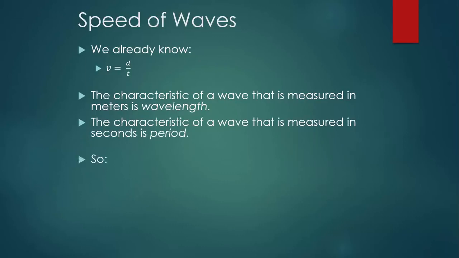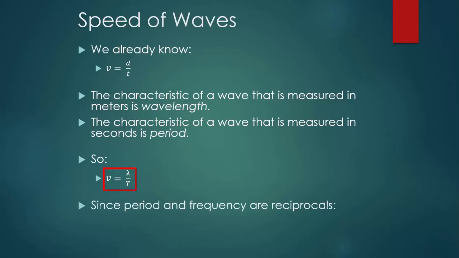So let's rewrite that equation that we've known since September as V equals lambda over T. That is, the speed of a wave equals the wavelength of the wave divided by the period of the wave. Now remember, we just learned that period and frequency are reciprocals. This means that we could also write the equation for the speed of a wave as V equals f lambda. And that's actually the way that it's presented on your reference table.